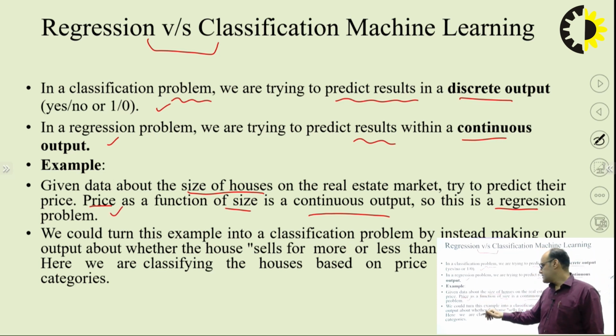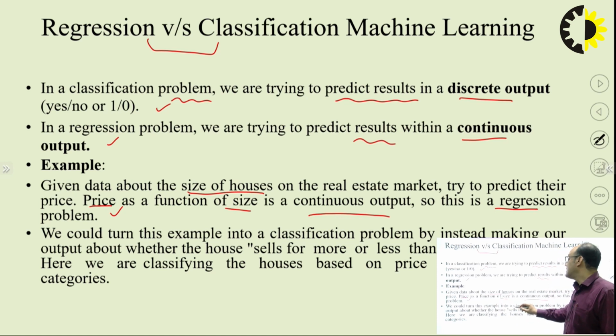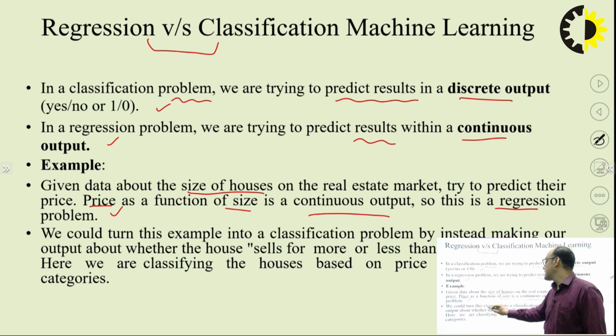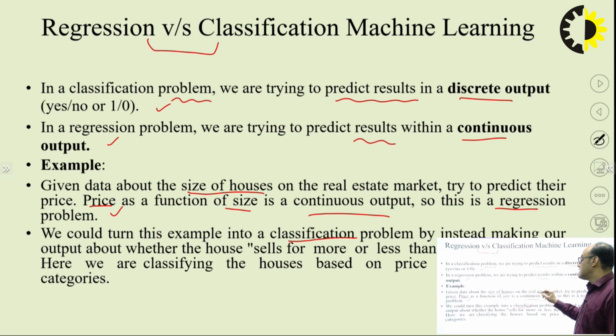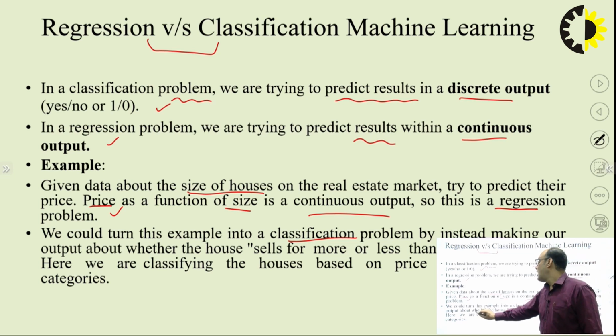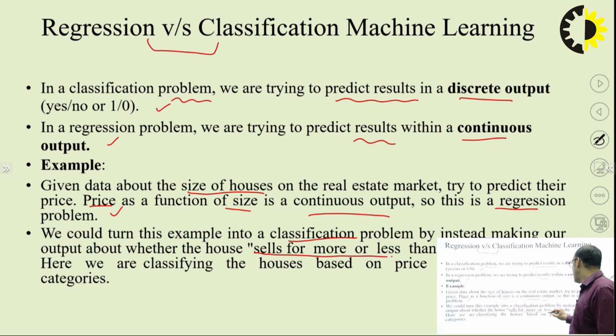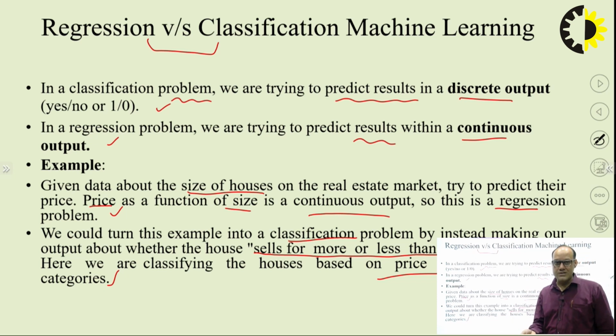Now I am going to turn this example into a classification. This is regression, and now how can this example be shown as a classification problem? Instead of making the output the price, I am not going to consider the price now. Here I am going to classify the houses into two discrete categories, 1 BHK and 2 BHK, for example.